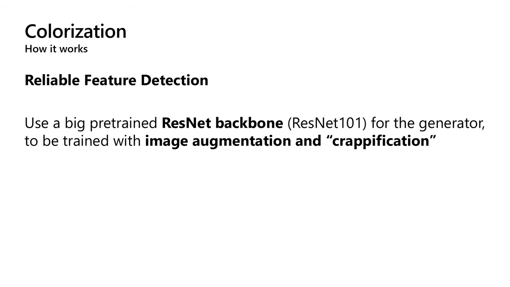To do this, we use feature networks derived from a ResNet, which is a very big ResNet that, being trained on this image augmentation and crapified images, is able to detect all the issues in a consistent way.